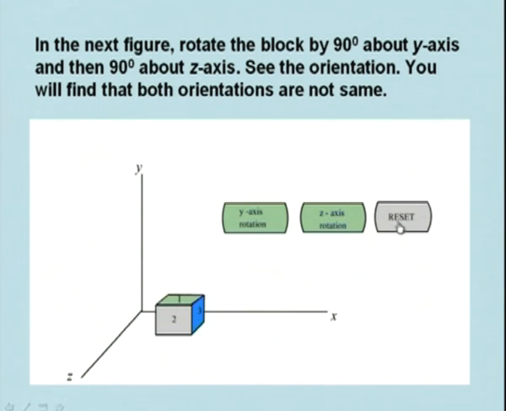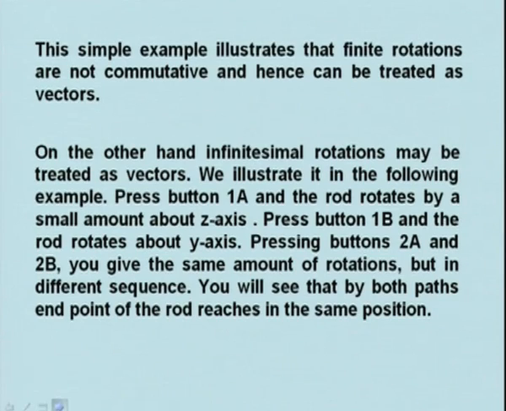You can do these types of experiments for learning and more clarity by taking a book and rotating it 90 degrees and then again 90 degrees about another axis, and you see that finite rotations are not commutative. It depends on the order in which you do them.